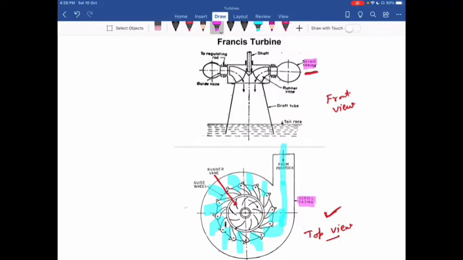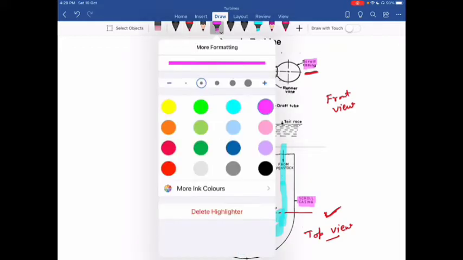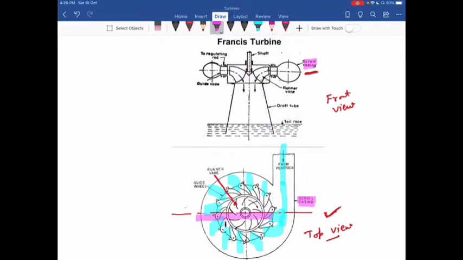So this cut section model, if I cut along this line, I remove this part, then I see from this side. Then I am able to draw the front view of this turbine.